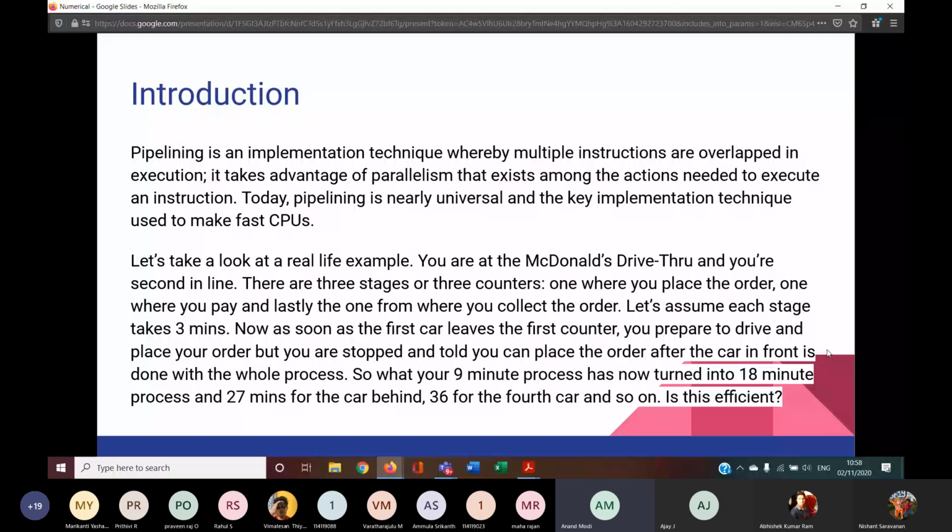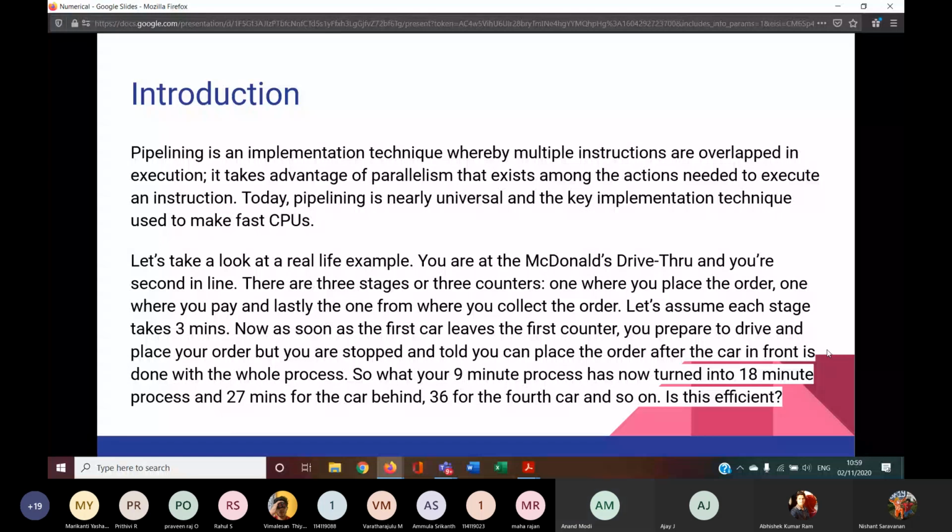One is where you place the order, then one where you pay, and lastly where you collect the order. Now let's assume each stage takes 3 minutes. As soon as the first car leaves, that's when your time begins. So it's going to take you, if you look at it, 12 minutes, because your time starts as soon as the first car leaves.